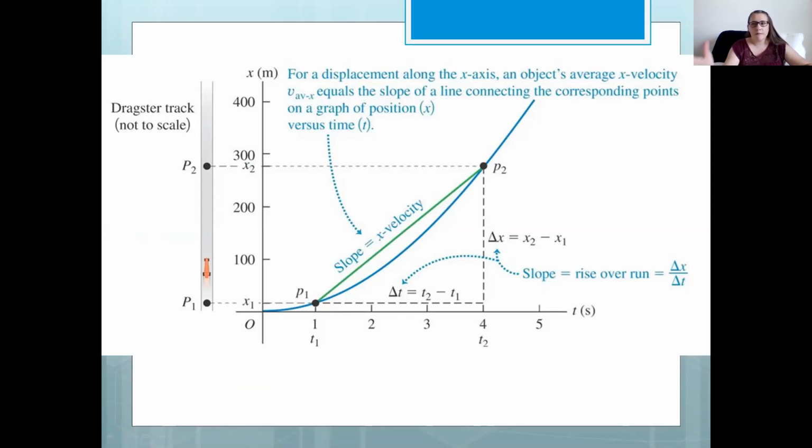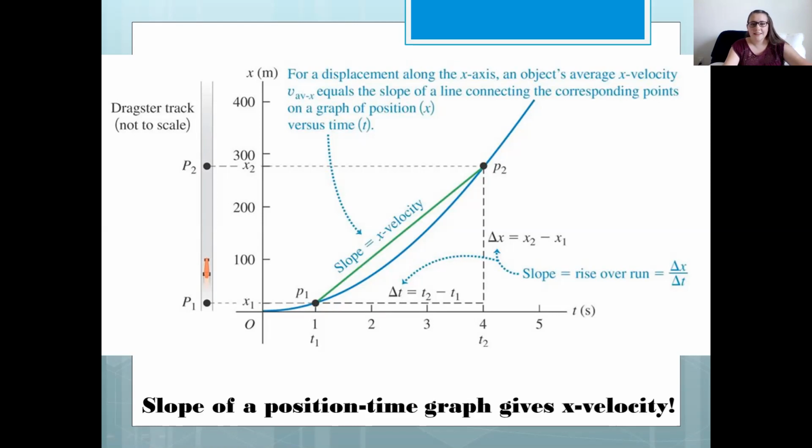If you remember from math classes in school, Algebra 1 maybe, slope is rise over run. So how far up the 2 points are, the difference between those, versus how far over, rise over run, y over x. Delta x over delta t. Look at that. So the slope of a position time graph actually gives you the velocity in the x direction.